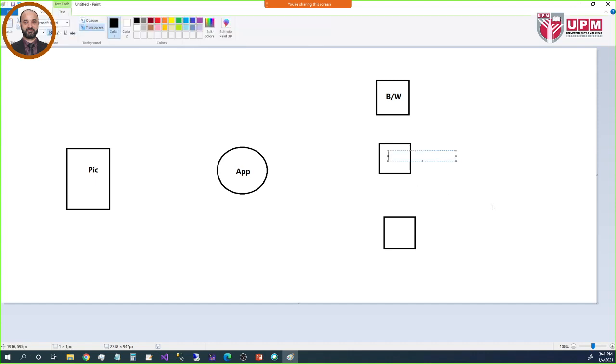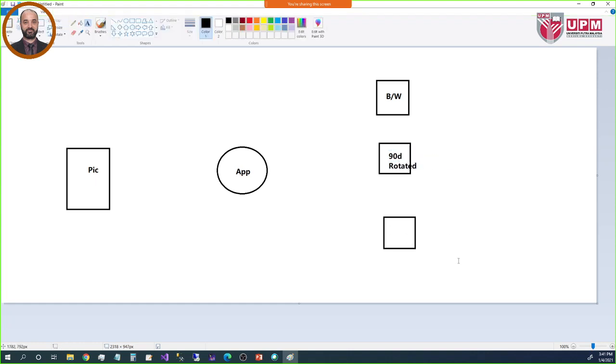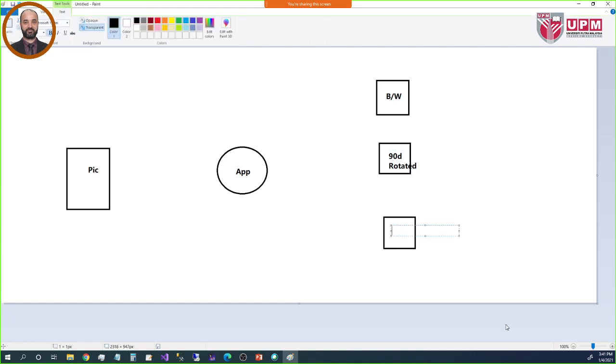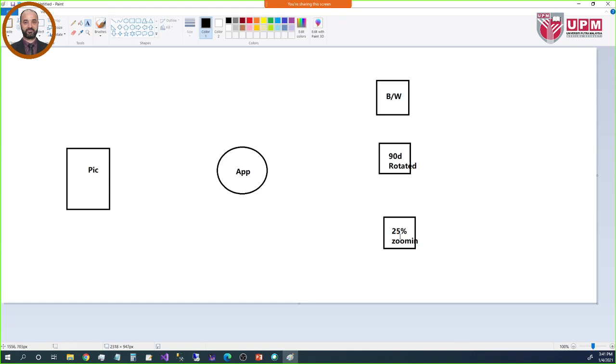This one is rotated by 90 degrees, and this one could be, for example, a 25% zoom in. So this application should open that file, right?